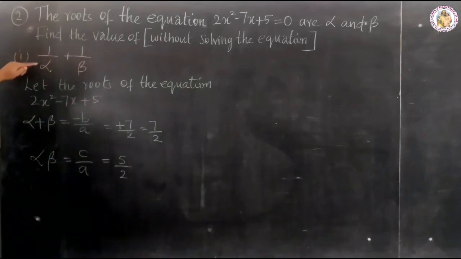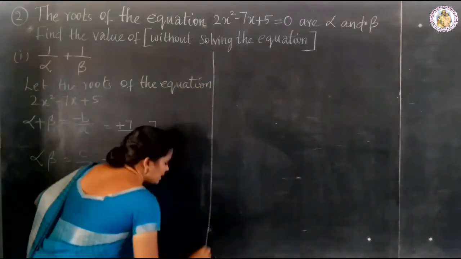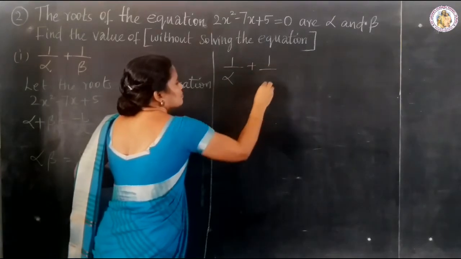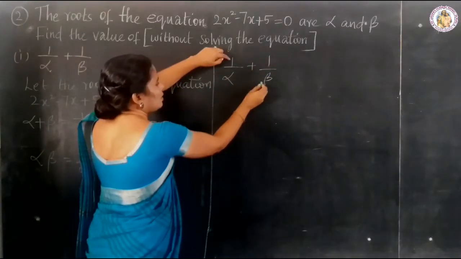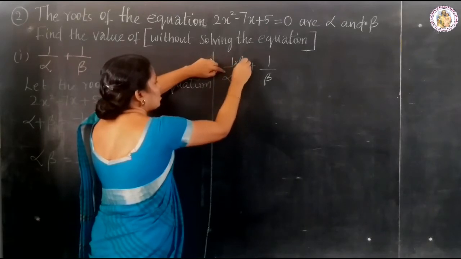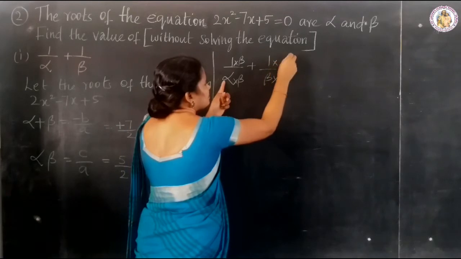That is 1 by alpha plus 1 by beta. Now multiply with beta to the numerator as well as denominator, and here with alpha.